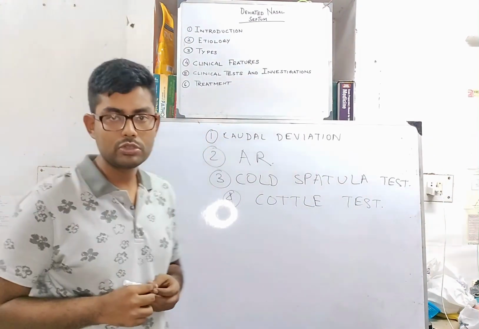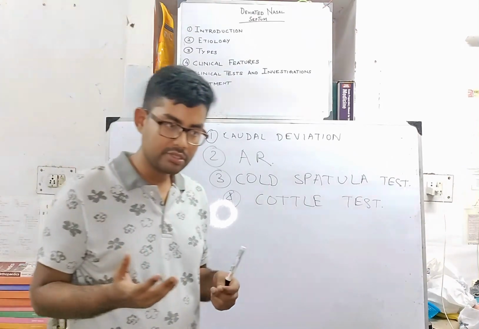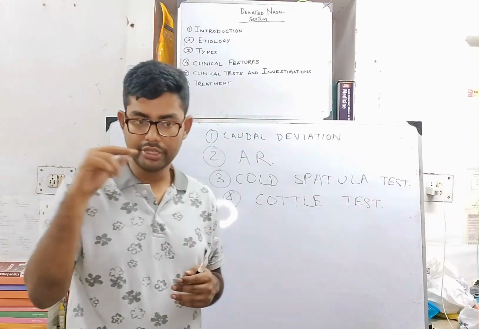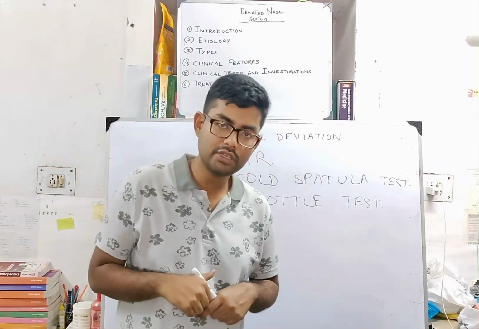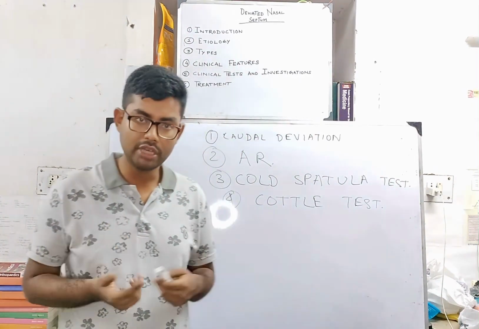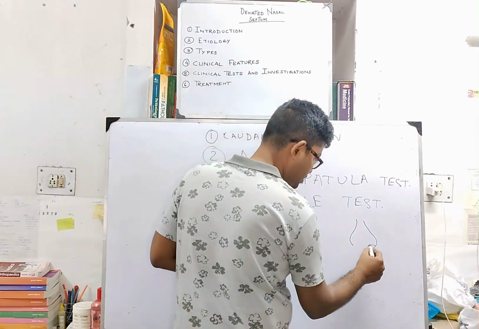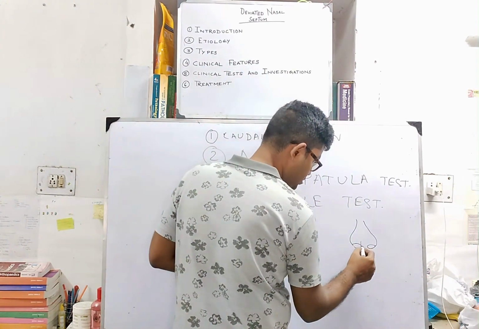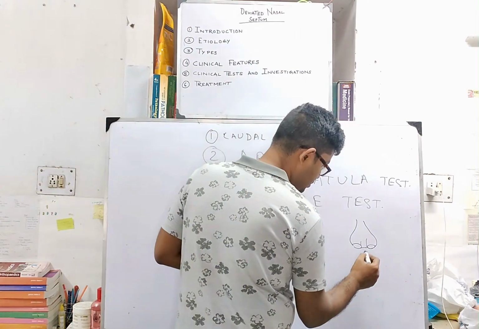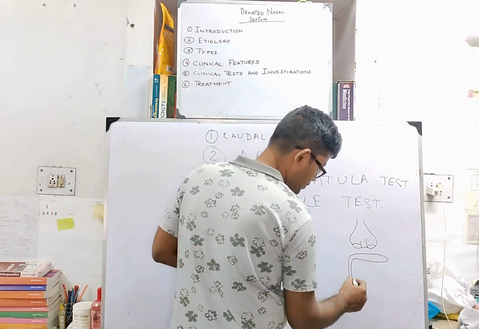Now, what is the cold spatula test? We'll take a tongue depressor and place its horizontal blade in front of the nostrils, and we'll ask the patient to breathe out. So this will be your nose, these are the two nostrils, and the tongue depressor will be like this.